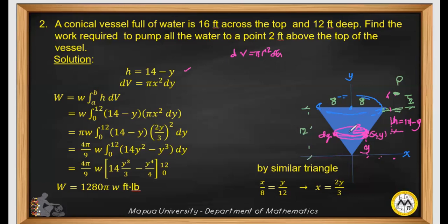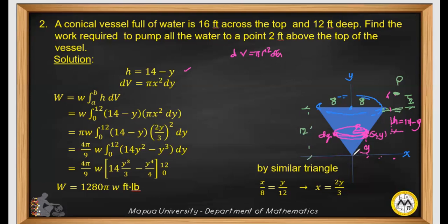Since the radius is equal to x, we have pi x squared times the differential of y. So using a formula, the work done is equal to the density of the liquid times the integral of h times the differential of V, with limits going from a to b.